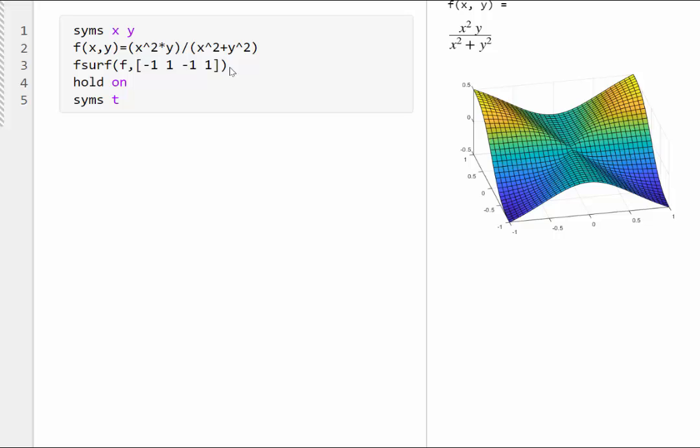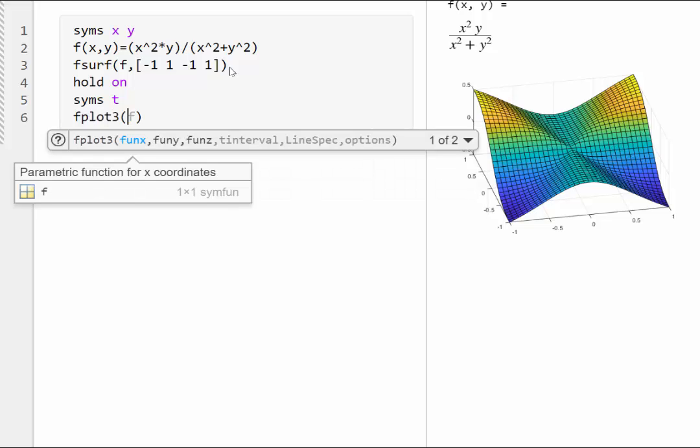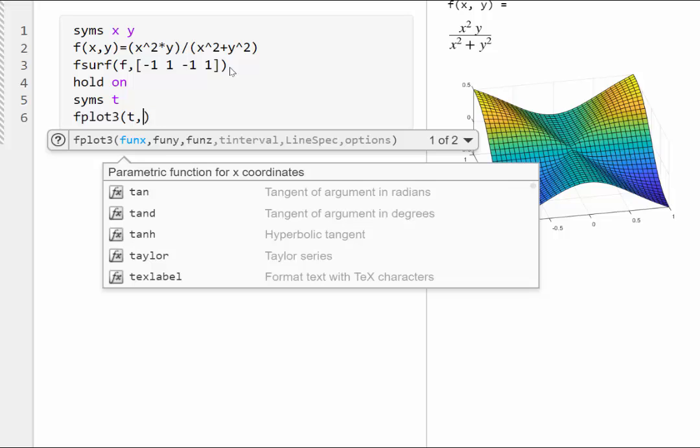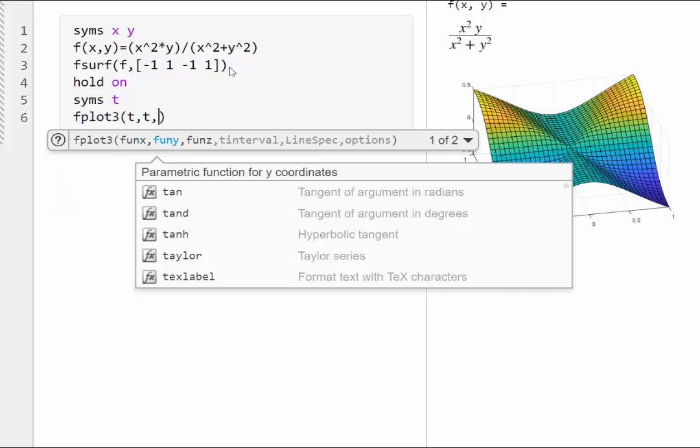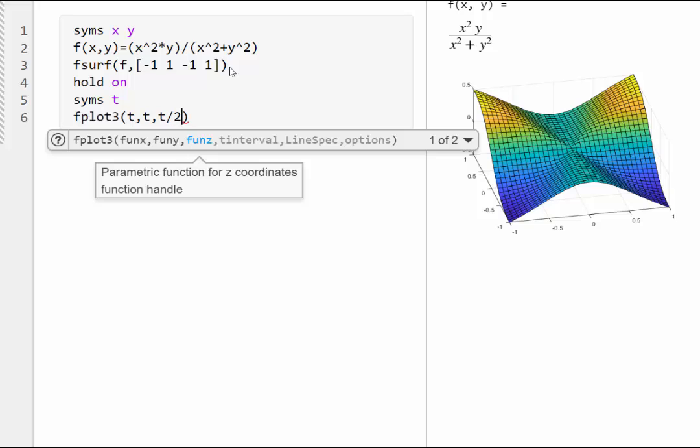The way you plot a line is this: if I'm going via the approach y equals x, I take x equals t, y will be t, and z will become t cubed over 2t squared, that will become t over 2.